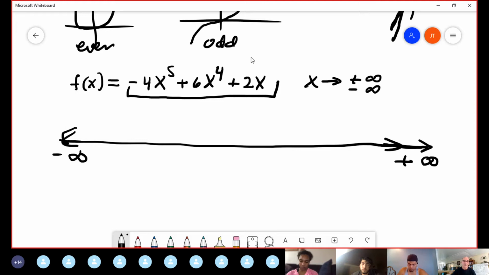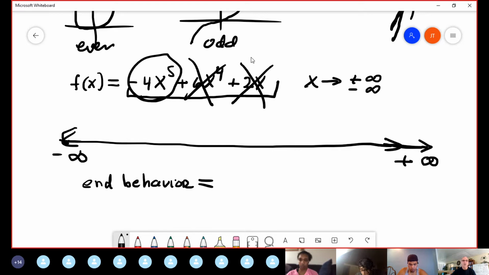Therefore, in order to find the end behavior expression, you ignore this term and this term. You take only the monomial that contains the highest exponent, so negative 4x to the 5th power, because when you plug in infinity, the term that has more weight, numerically greater, is this one.